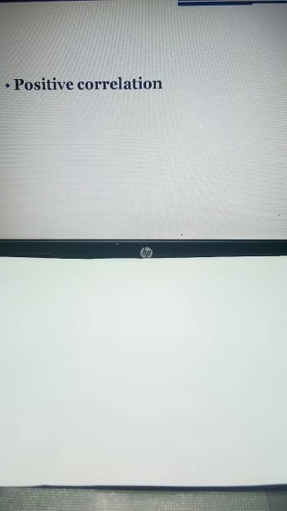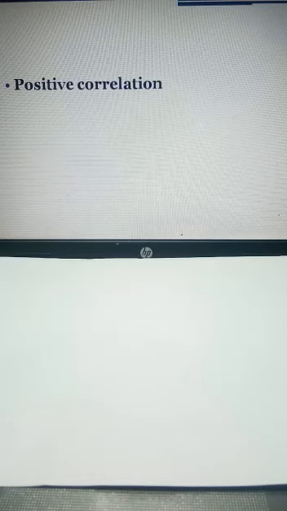Students who work hard always get good marks in the exam. That is a positive correlation. And when the designation changes, the salary also changes. That is another example of positive correlation.